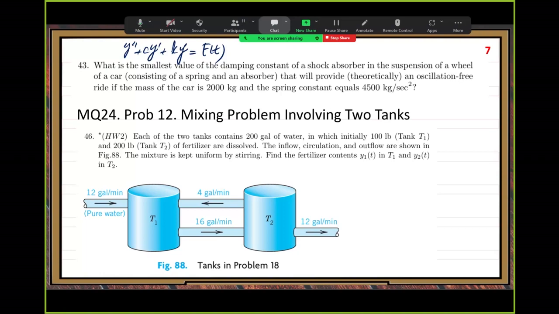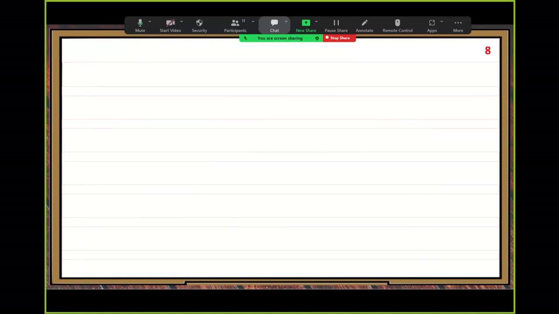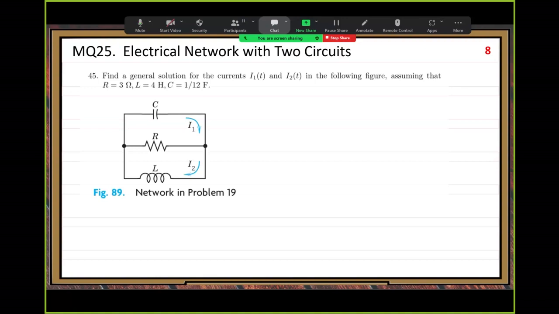For a problem like this, you need to set up equations using the balance law. For the first tank, by the balance law, one equation. For the second tank, by the balance law, a second equation. You have a linear system. It's a good question, not too complicated, a 2x2 matrix. The last question is an electric circuit question, but with two circuits, an electric network.